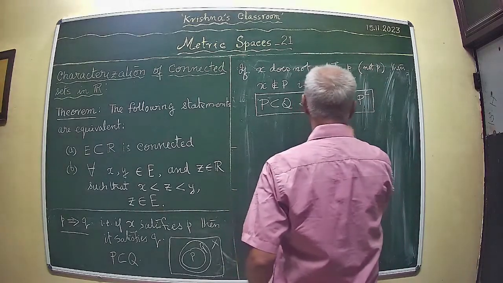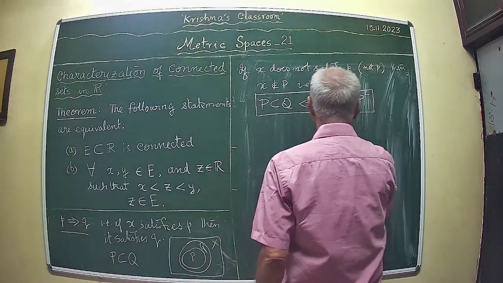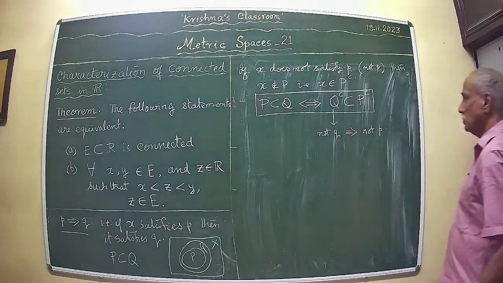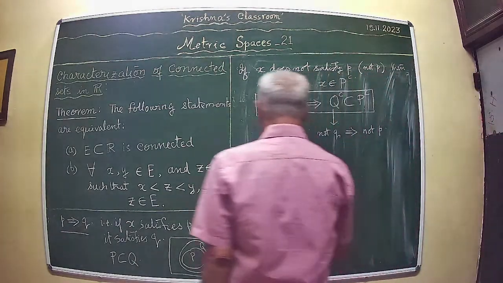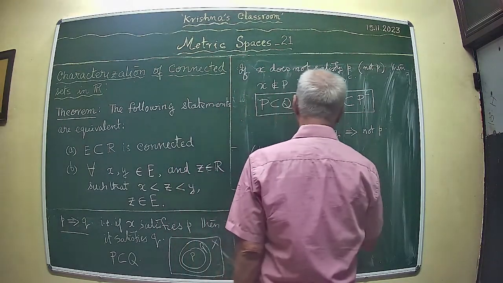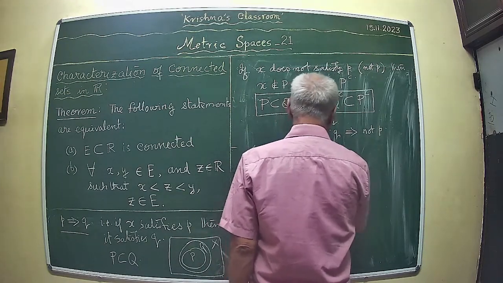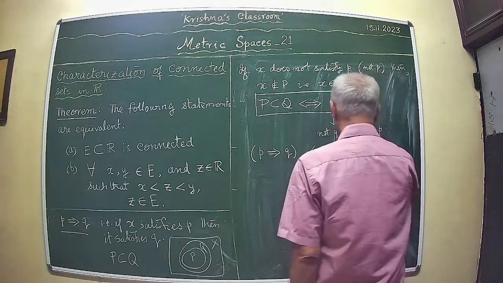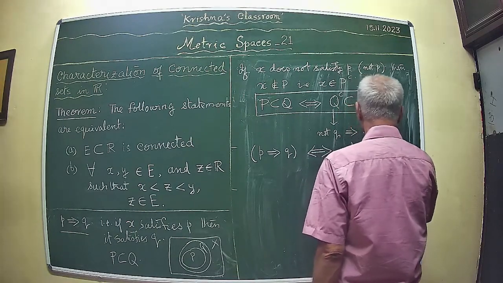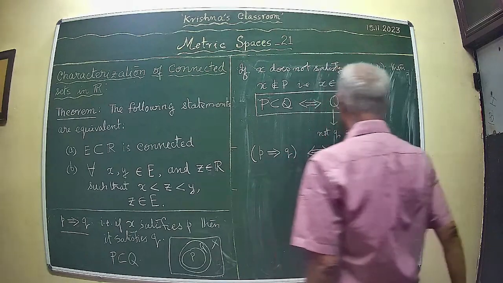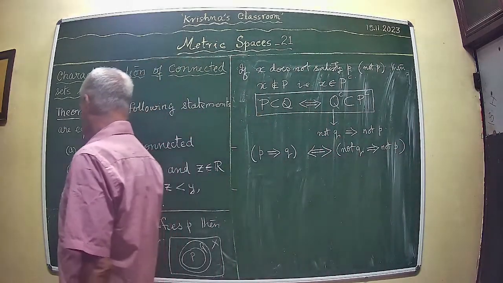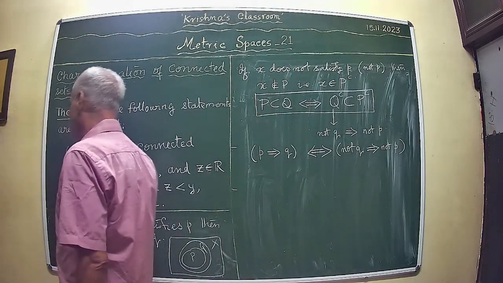Q complement means not Q implies not P. So you see that this statement P implies Q is equivalent to saying not Q implies not P.